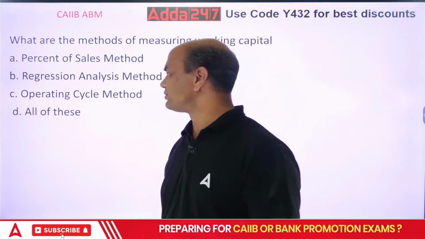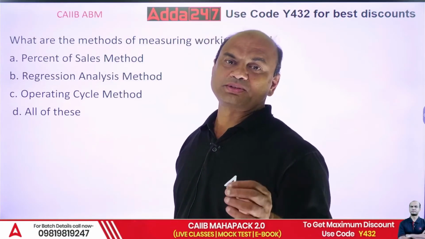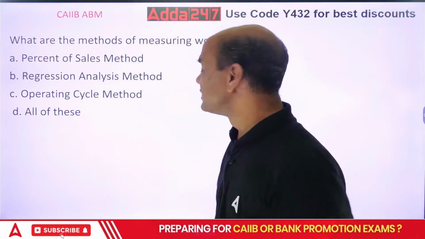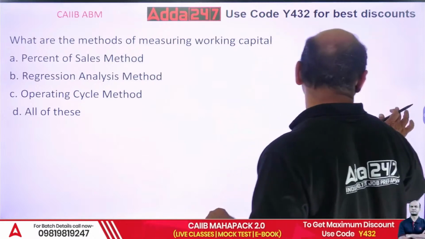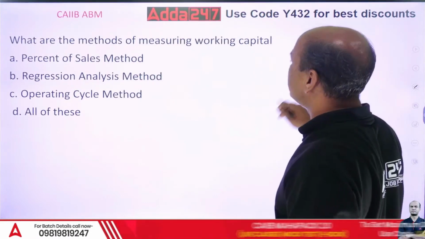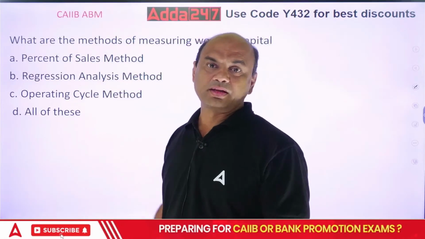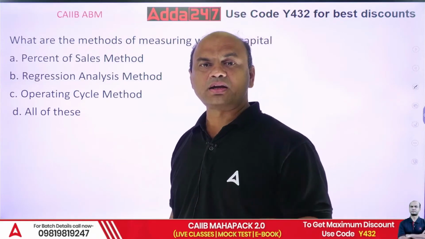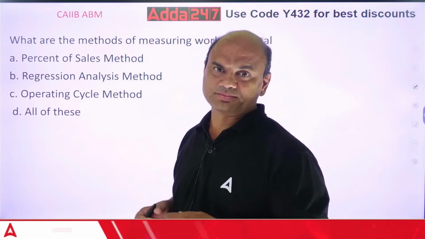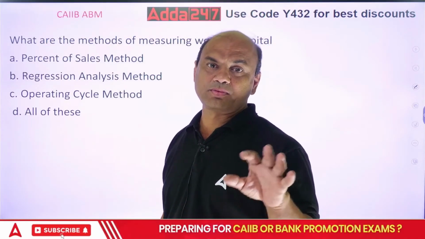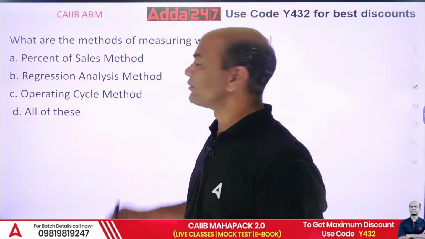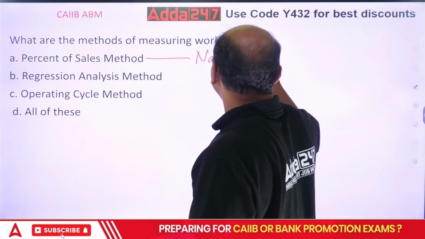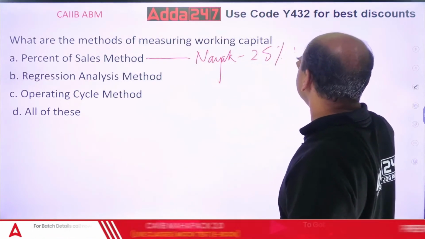I'll explain these methods. Percent of sales is always turnover based. It is the NAIC committee's report. The NAIC committee recommended that every organization below 5 crores turnover should have 25% working capital as CC.